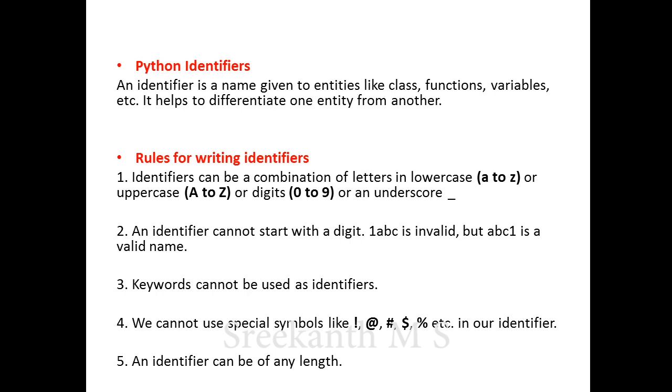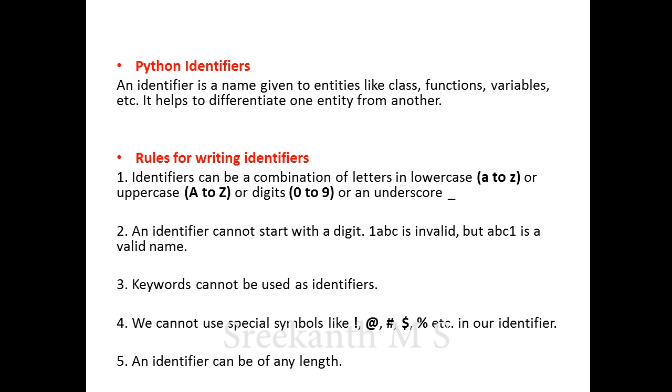Identifiers can be a combination of letters in lowercase or uppercase, or digits. Small letters a to z can be used, capital letters A to Z can be used, or any digits can be used, with an underscore.